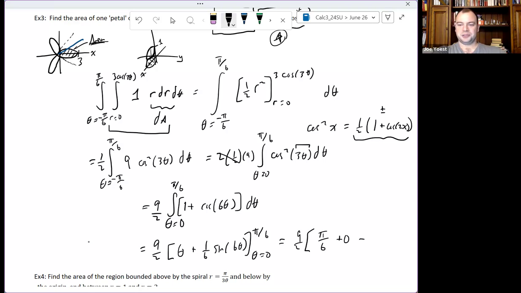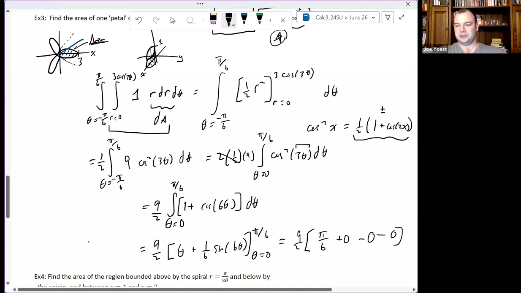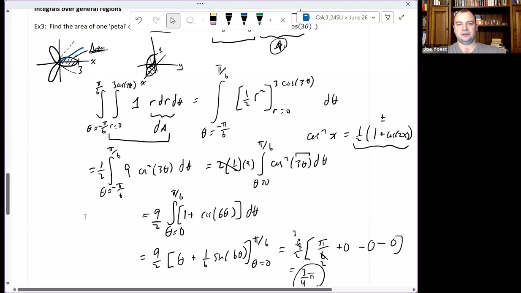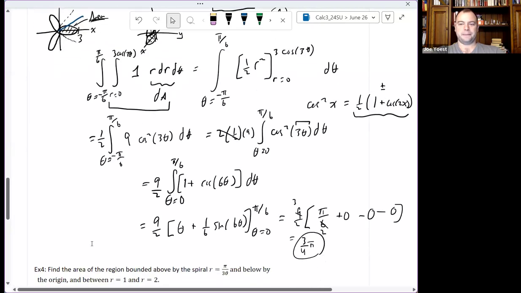And then minus, well, minus when theta is 0 is minus 0. And then minus 1/6 sine of 0 is 0. So altogether, this divides out and we get 3/4 pi. So the area of one petal or leaf of this function is 3/4 pi.